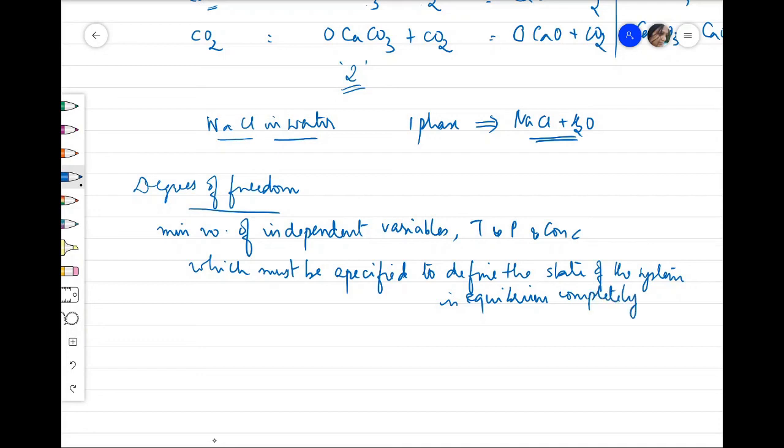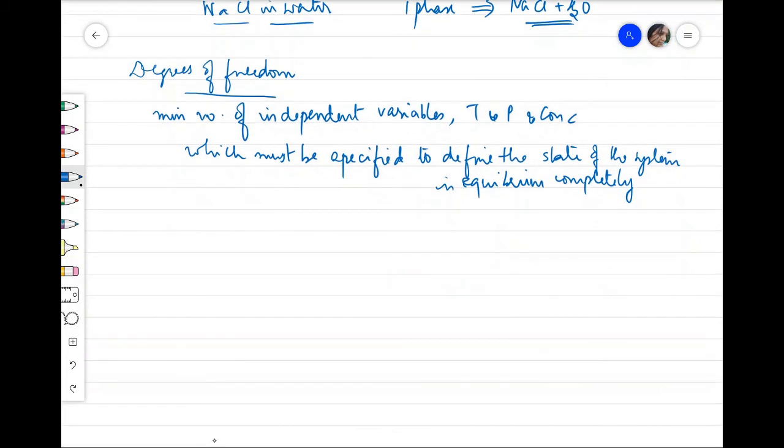Okay, so let me take again a system, water with ice. Now see here, the number of phases P is equal to 2. So P is equal to 2 and the state of the system is completely defined.